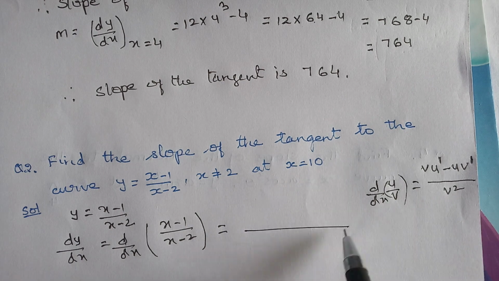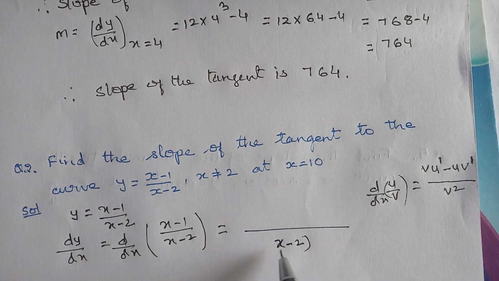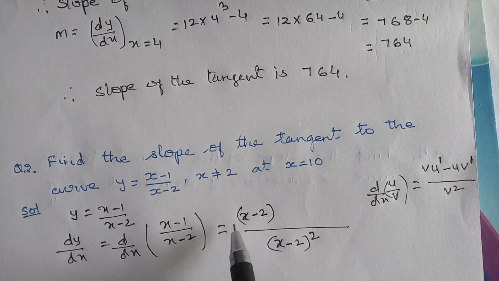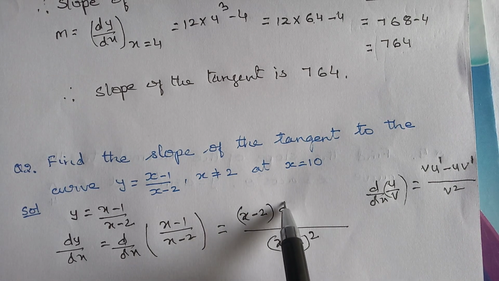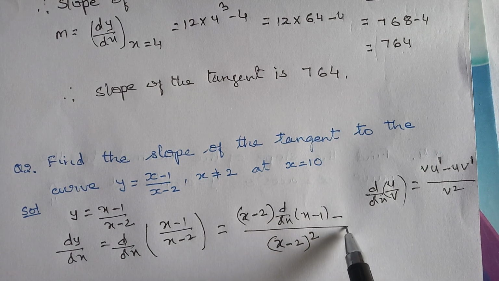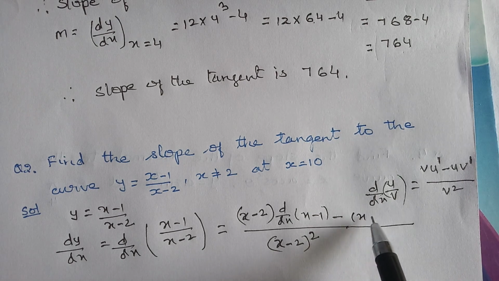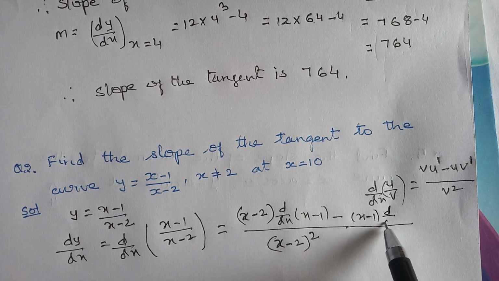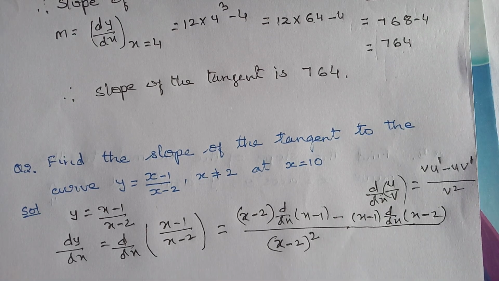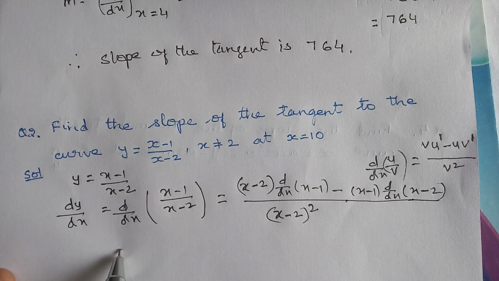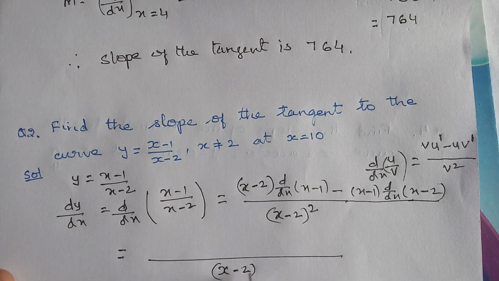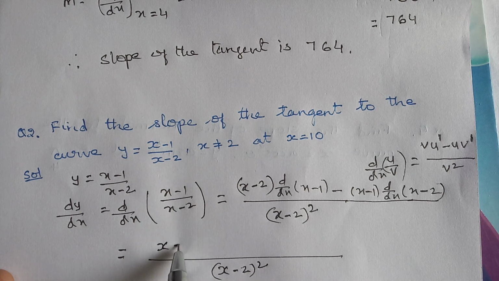So the denominator becomes x minus 2 whole square. Write v as it is, x minus 2, times the derivative of x minus 1, minus x minus 1 as it is times the derivative of x minus 2.